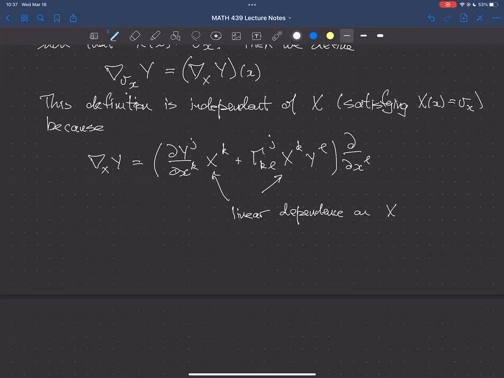Okay, so for example, just to clarify what kind of a construction could go wrong. So for example, so maybe for comparison, consider the Lie bracket.